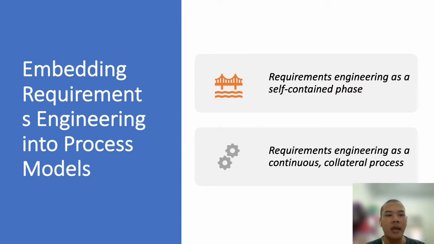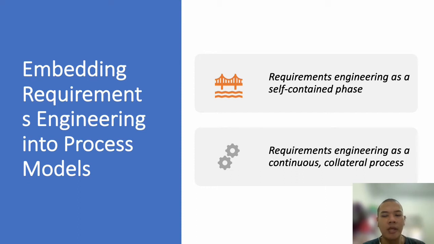The next is embedding requirement engineering into process models. We will know that there are several process models, like traditional process models and modern process models. Requirement engineering as a self-contained piece.